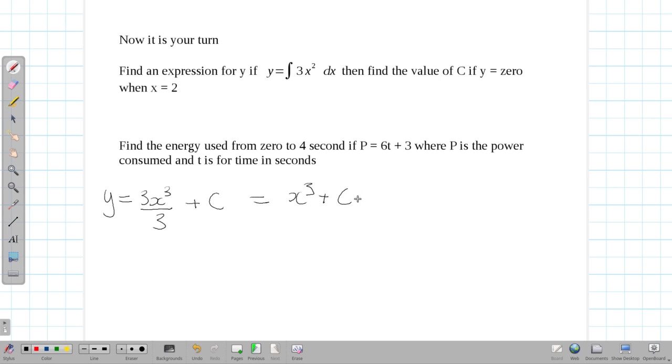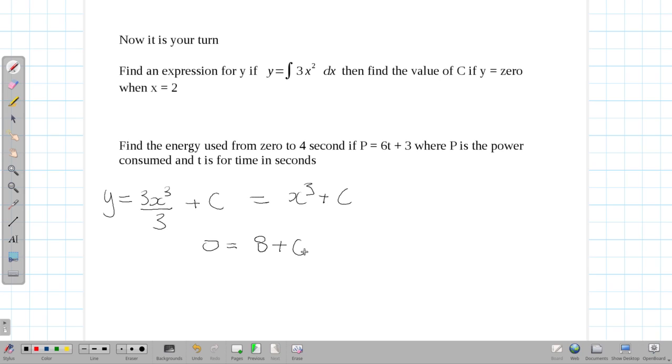So if I substitute in my values for y and x, I've got 0 equals 2 to the power of 3, which is 8, plus c.